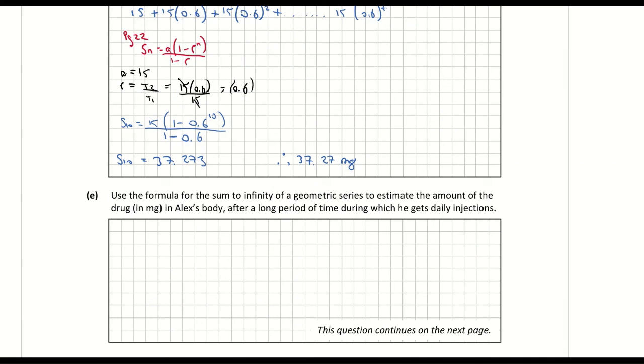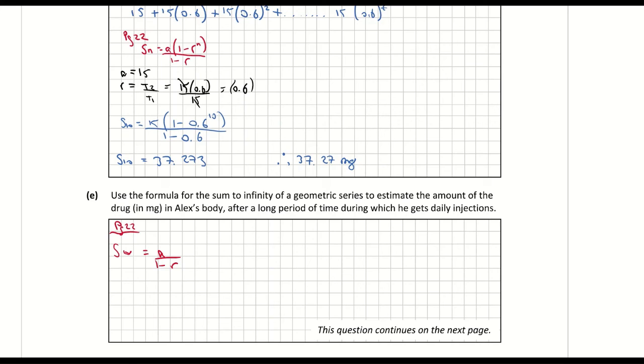Part E, use the formula for the sum to infinity. That formula is from our log tables on page 22, so they're giving us a hint that we have to use this formula. The sum to infinity is equal to a over 1 minus r. Use the formula for the sum to infinity of a geometric series to estimate the amount of the drug in Alex's body after a long period of time.